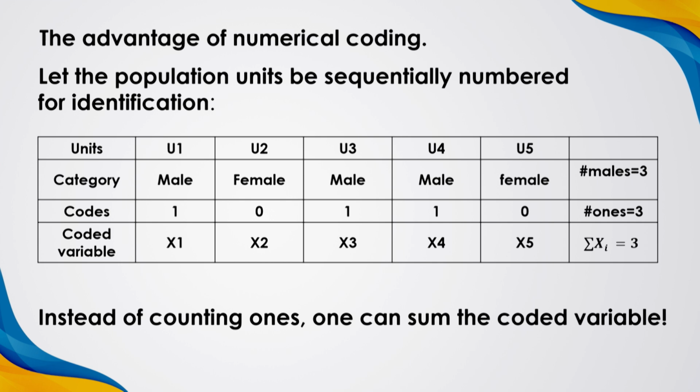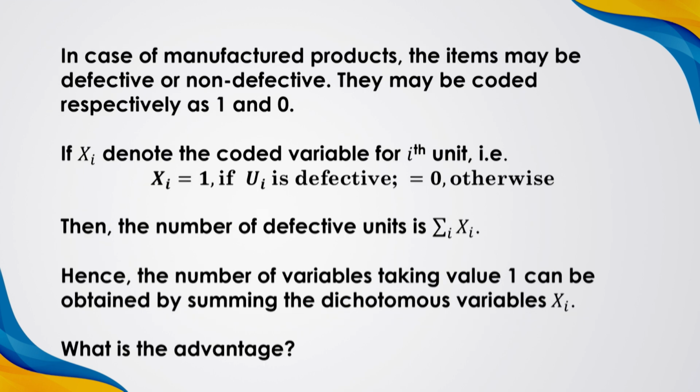These two rows do not convey any other information, but what is the mathematical convenience? Now, I am going to introduce a new variable I call the coded variable. x1 is assigned for U1, x2 is assigned for U2, x3 assigned for U3 and so on, and these x1, x2 are taking 1 for male, 0 for female.